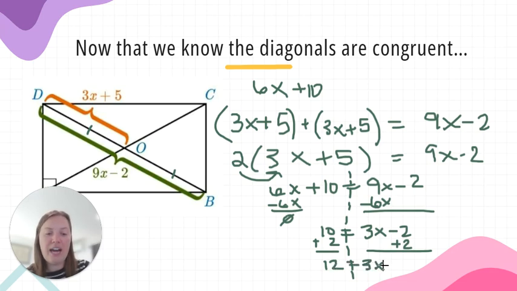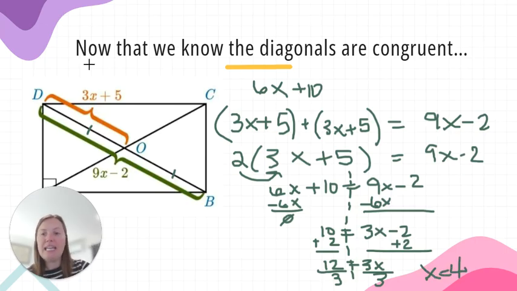We just want a single x. This is 3 times x. To undo multiplication, we divide both sides. So that means that I get x is equal to 4. And then I can plug it in to solve the side lengths, right? So I could just replace using substitution.